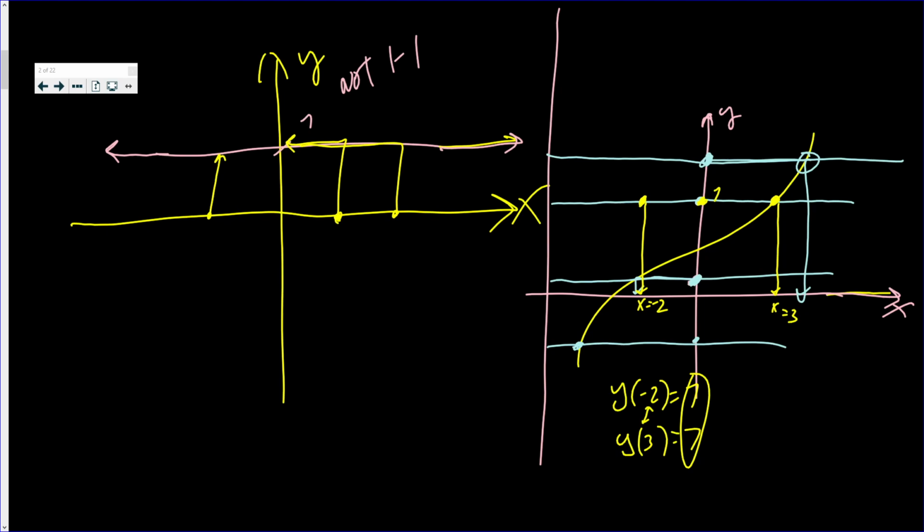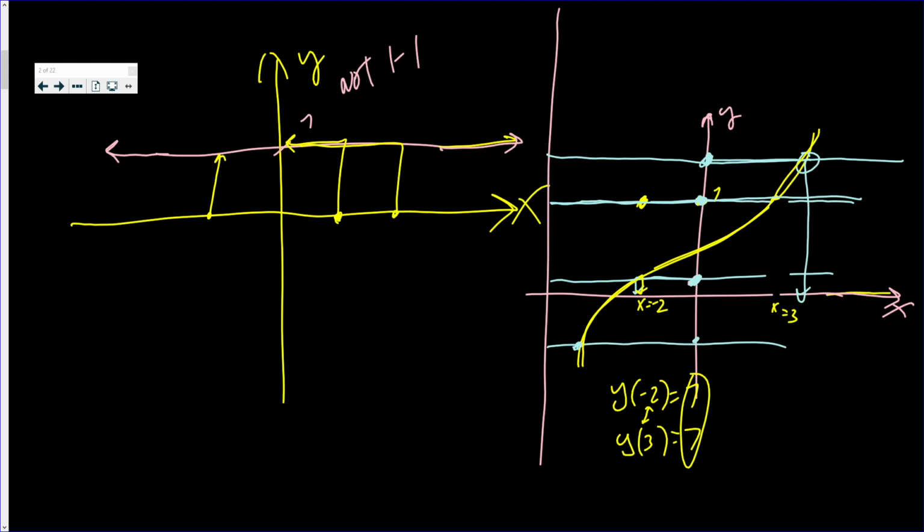In fact, on this graph, let's get rid of this yellow. I promised everything in yellow would be part of the graph. When it comes to this graph, only one horizontal line crosses the graph in more than one place, and it's this one.